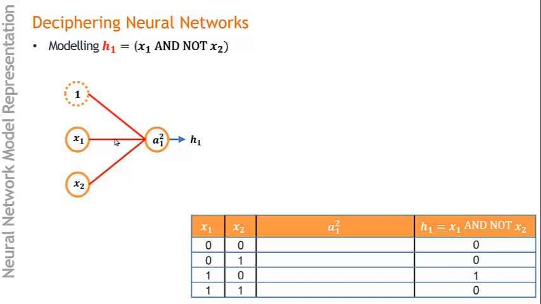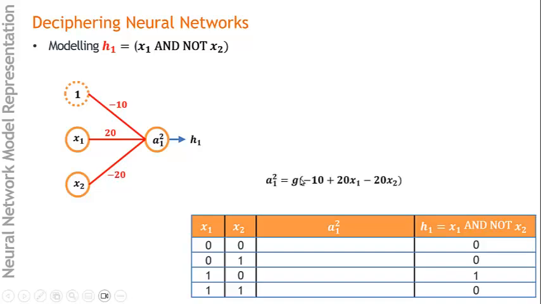So what about our theta 0, theta 1, and theta 2? Well, let's try these weights here and see what our output's going to be. If you have 0 and 0, what am I going to get? Then you get 1 times minus 10 plus 0 times 20 plus 0 times minus 20.